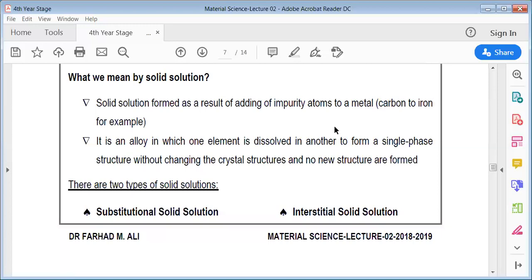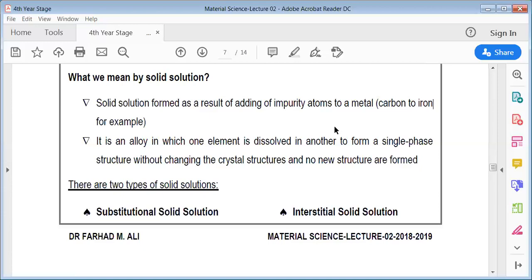It is an alloy in which one element is dissolved in another to form a single-phase, homogeneous structure, all solid, without changing the crystal structure, and no new structures are formed. The structure of the iron is the same, but the carbon just goes through.